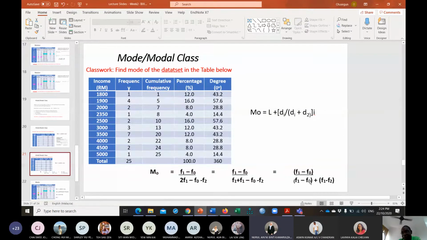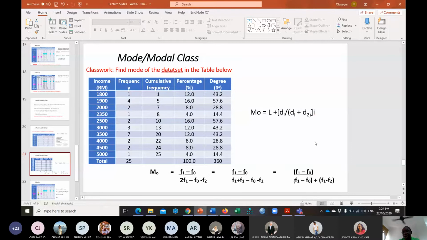Now, F1 minus F0 is equally D1, while D2 is F1 minus F2, meaning the frequency of the modal class minus the frequency of the class after the modal. So we can now see that F1 minus F0 is the same thing as D1, and F1 minus F2 is equally the same thing as D2. By this, we wouldn't be confused about the letters used to represent them in the equations.